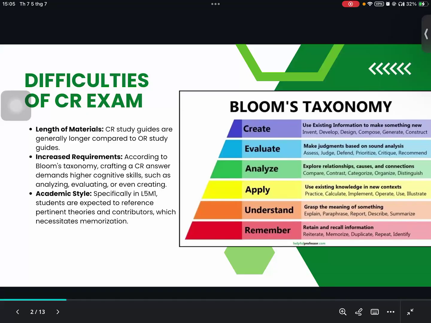With L5M1, it even creates a new level of challenge since its style, especially from CIPS, emphasizes the use of several theoretical frameworks, and you need to refer to some theory and to the contributor. Like when you talk about human relations theory about management, then you need to mention Douglas McGregor.